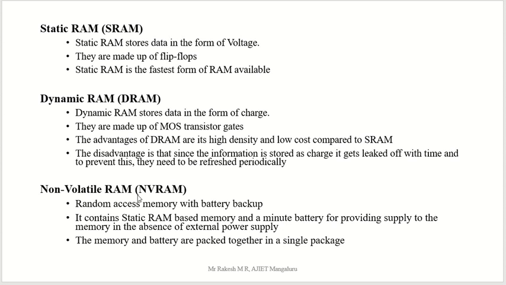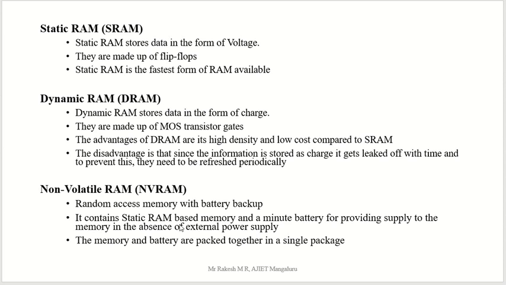Non-volatile RAM. Random access memory with battery backup. This is RAM, which is temporary, but here one advantage is that a battery backup is there. We use a battery backup, and that battery is on the chip itself. Since RAM is temporary, in order to increase the time the data stays inside the memory, we add a backup battery.